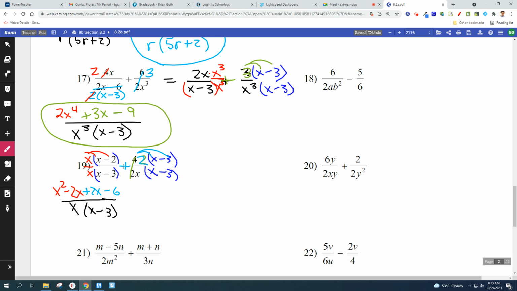Now I see something that'll clean up. Negative 2x plus 2x is going to cancel out. x squared minus 6 over x times x minus 3. I can't cancel that x. I can't do anything. That's the answer.